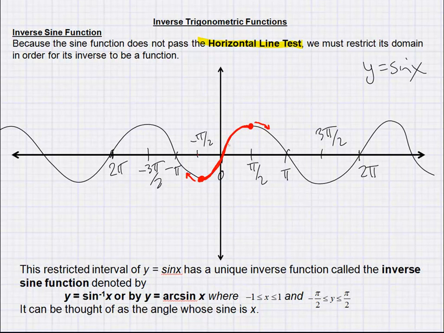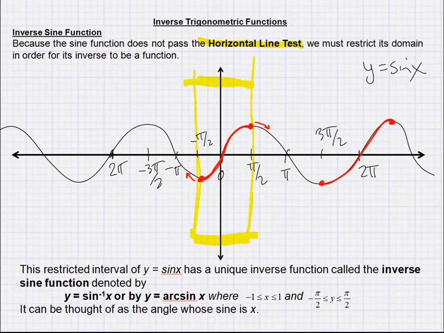Now I could choose a different piece somewhere along here. Like I could say, okay, how about this piece from here to here? That piece of the sine function is one-to-one as well. But to be consistent, we look at the same piece all the time. So what we're going to think of is we're basically cutting our sine function here and here, and only looking at it inside this window.